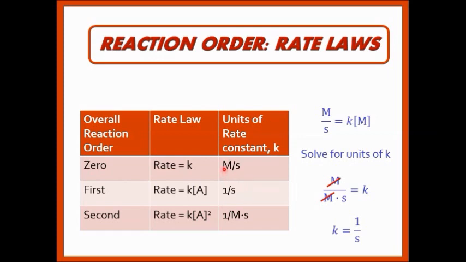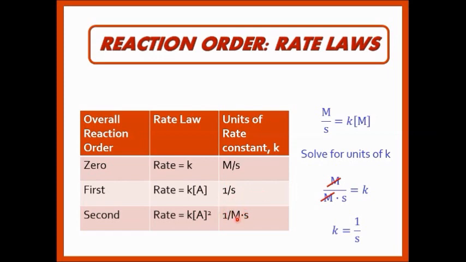The trend we can see here is that as we go from 0 to first to second order, we are dividing by units of molarity. So molarity per second divided by molarity, just like we saw, is 1 over seconds. 1 over seconds divided by molarity is 1 over molarity times seconds.